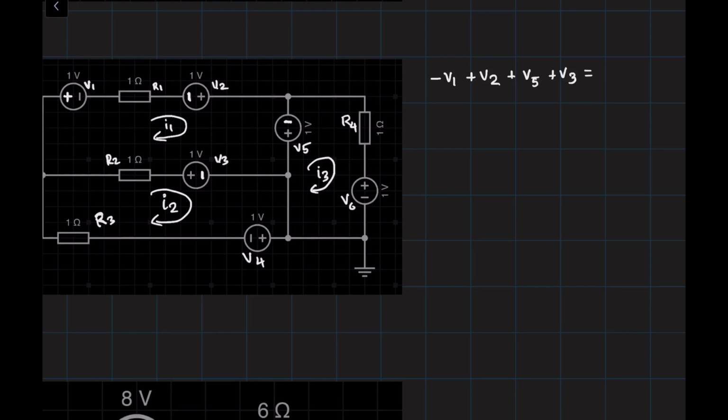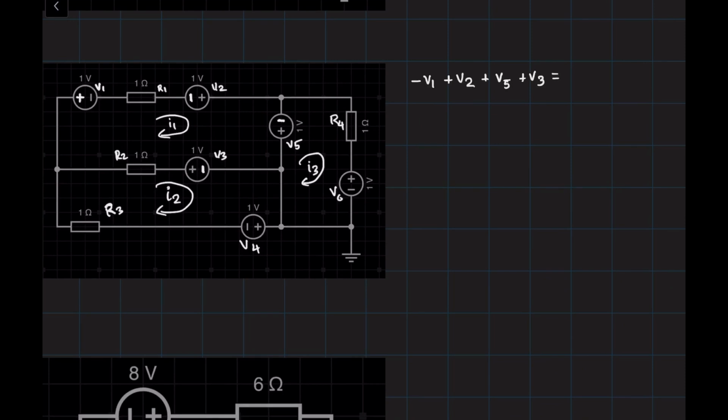Now let's take the resistive terms. Moving clockwise, the current flowing through resistance R1 is only I1, right? So I1 times R1. Is there any other resistance? Yes, we have a resistor R2 here, and the current flowing through R2, be careful. I1 is in the clockwise direction, I2 is opposing it.